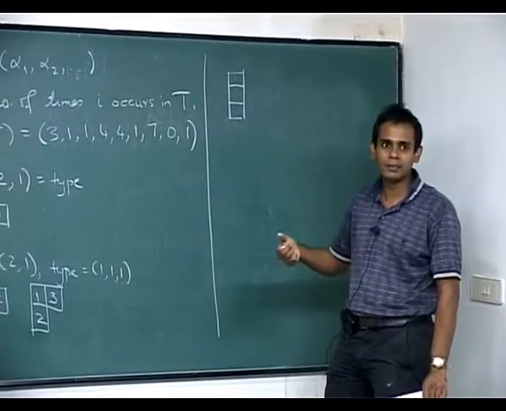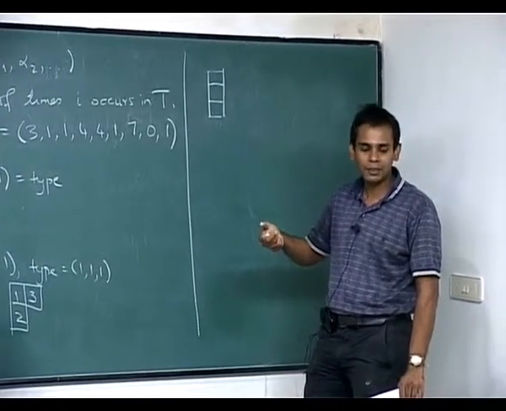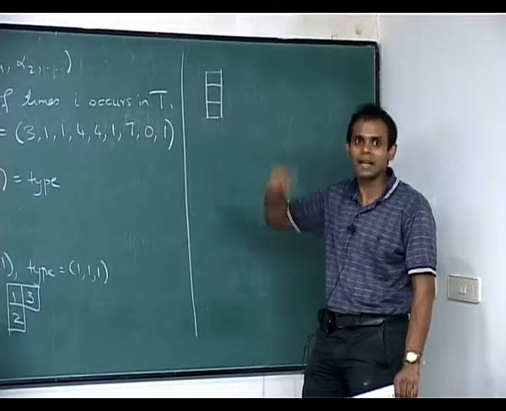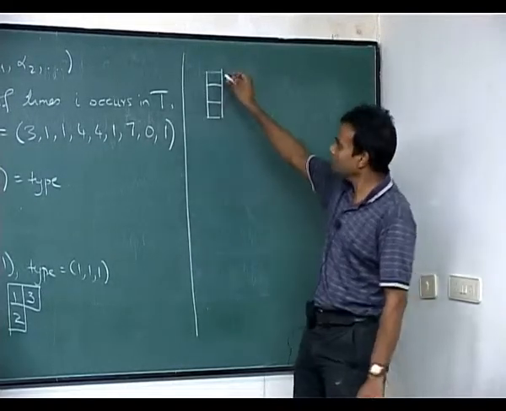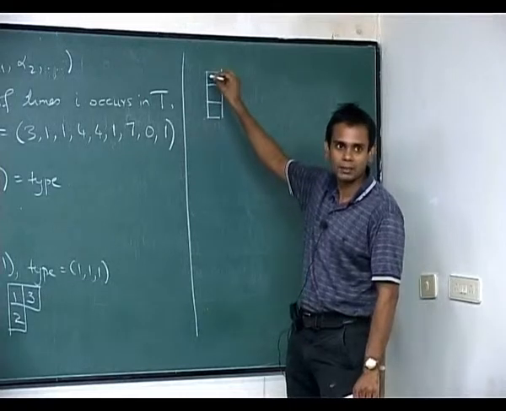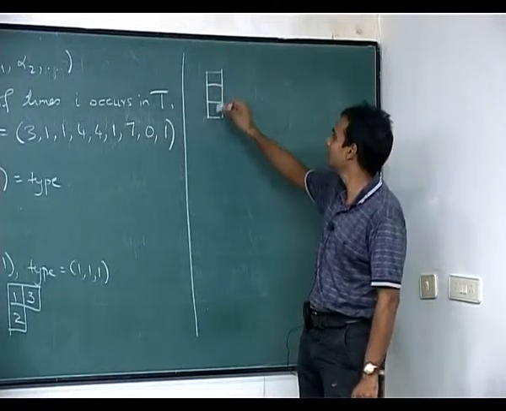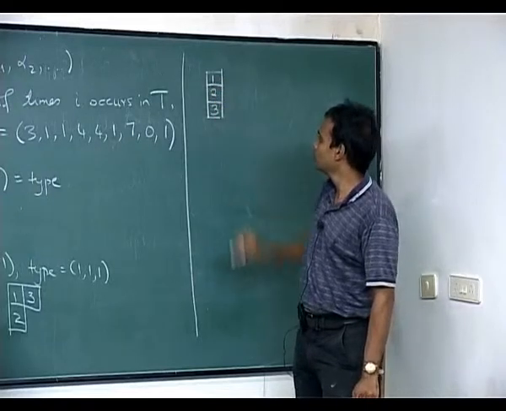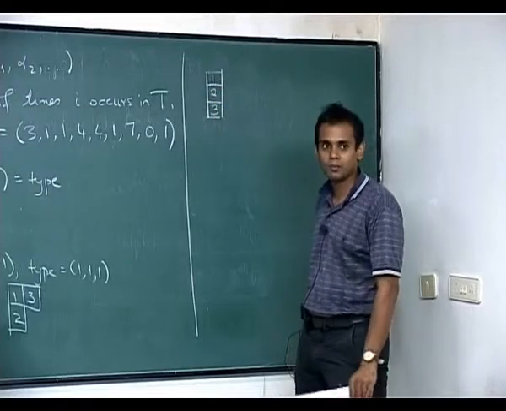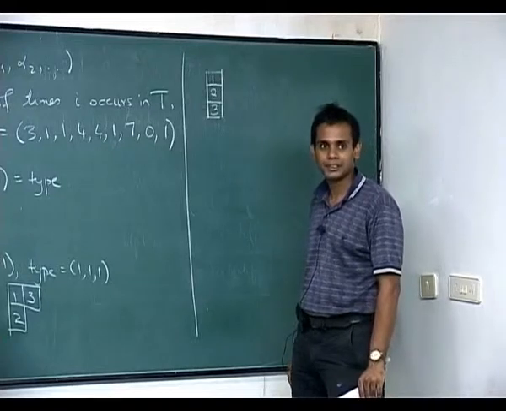Then that means if some number i occurs, then i minus 1 should have also occurred more times than i. But I can't put any number in more than once because it has to be strictly increasing. So there is only one semi-standard Young tableau whose shape is (1, 1, 1) and type is a partition.